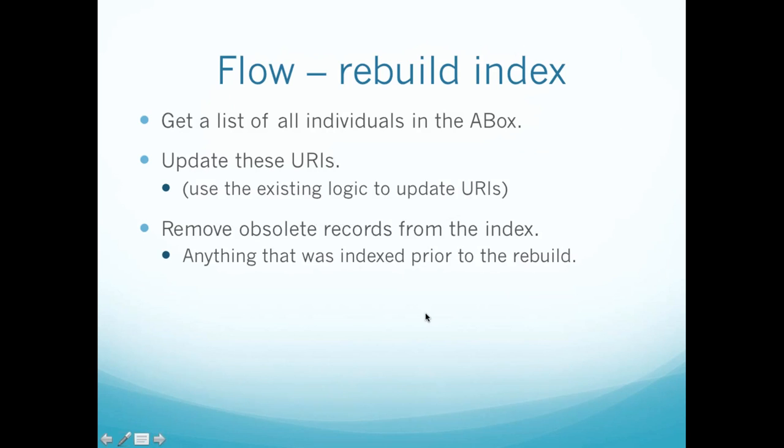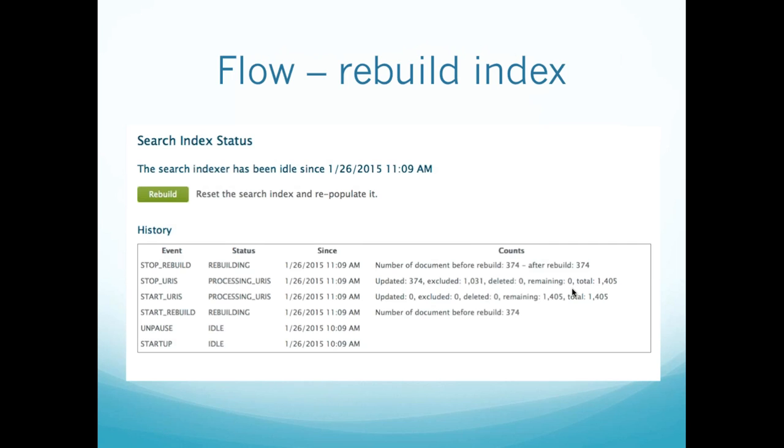With the rebuild, it's that same process, except that this time I'm going to start with a list of all the URIs I can find and go through there. And you can even tell by looking at the status, this was with an essentially empty VIVO database, so all it has is the geography data in it. At startup, I got the startup message and the unpause immediately afterwards, since it starts up in a paused mode.